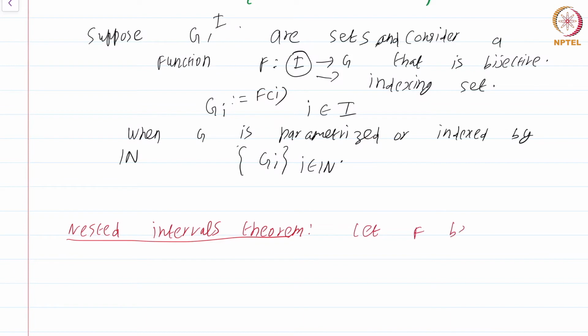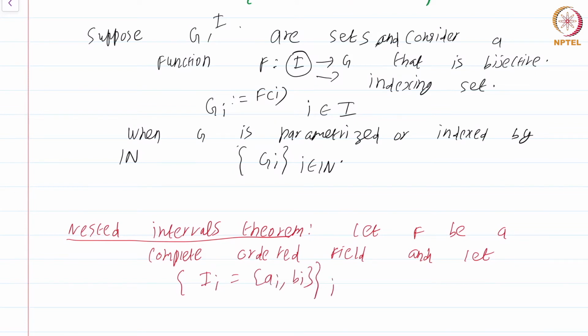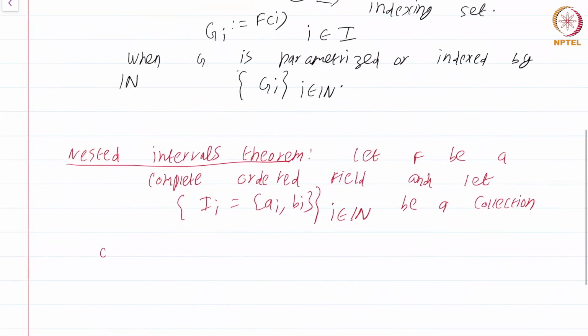Let F be a complete ordered field, and let I_i, which is equal to [a_i, b_i], indexed by the natural numbers, be a collection of closed intervals that are nested.